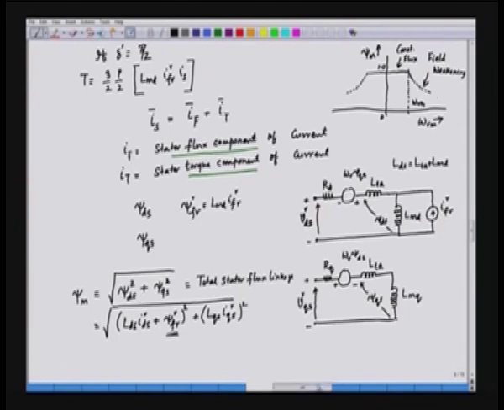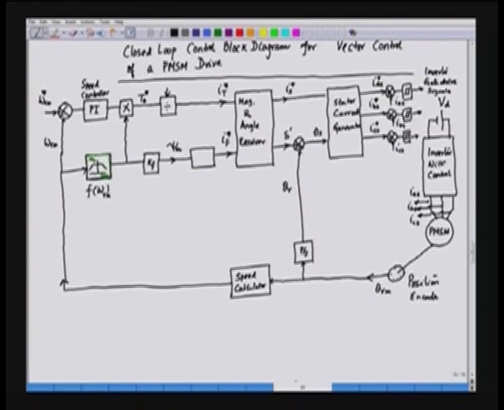So, the functional block that we have mentioned here, this particular block f of omega rm, we can say that f of omega rm is equal to 1 for speed omega r, magnitude of this is less than omega rm base.